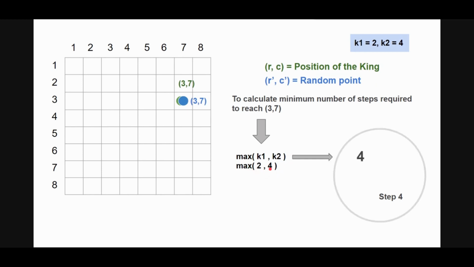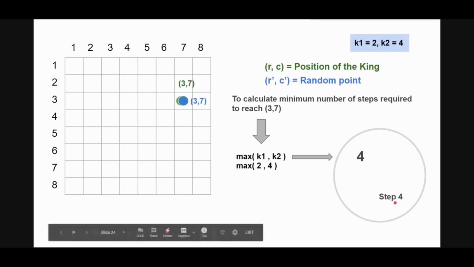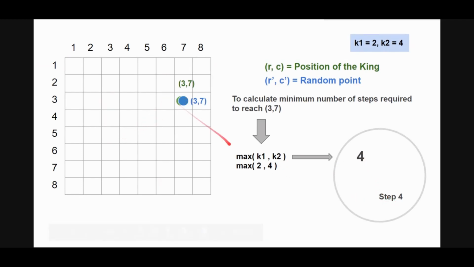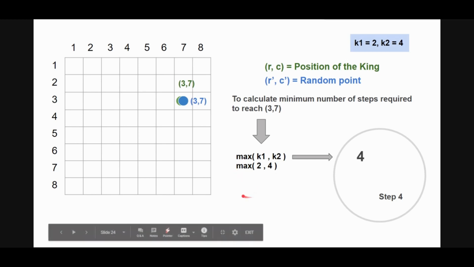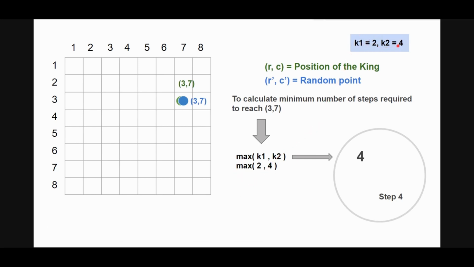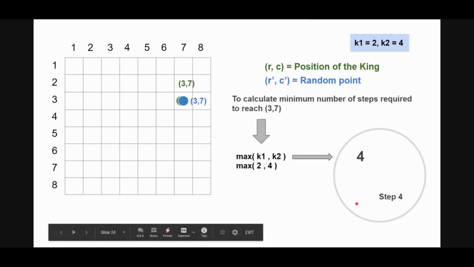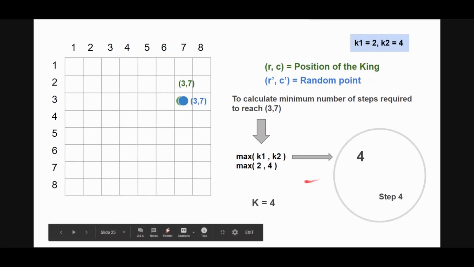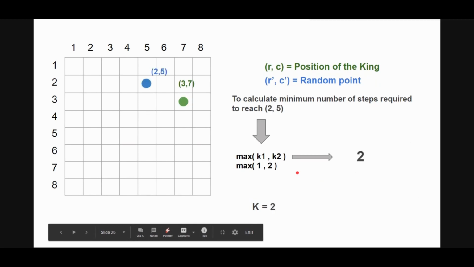So we need 4 steps to reach from here to here. The logic is we just need to calculate the initial k1 and k2 and find the maximum of both, and that number is the minimum number of steps we require. Therefore 4 steps are required.